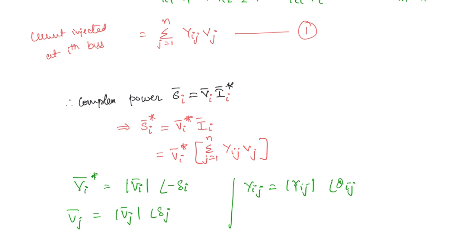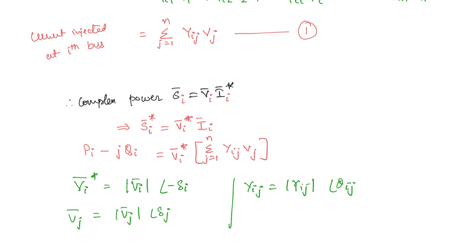Now these values you have to substitute here, and also the complex conjugate power we will write in terms of the real and reactive power as Pi minus jQi, because complex power is Pi plus jQi. So conjugate will just be negative jQi.